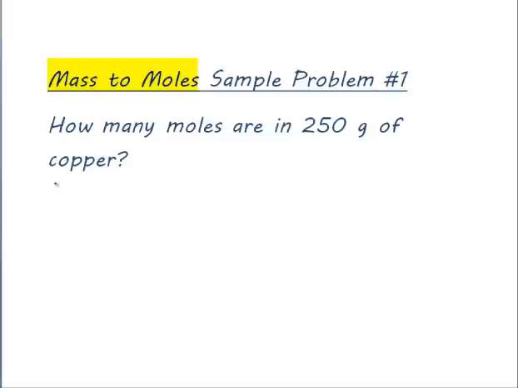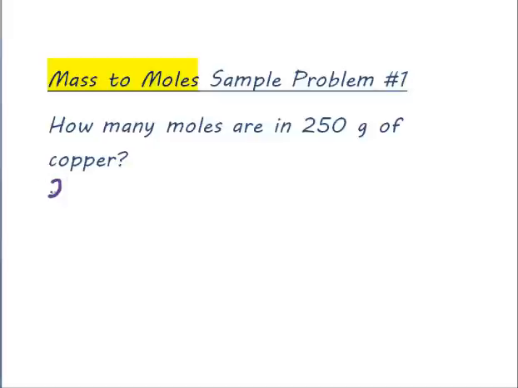In other words, if I had 6.02 times 10 to the 23rd copper atoms, what would be the mass? In other words, what I'm really asking is, what's the mass of a mole of copper? And by this time, most of you are quite comfortable in saying that a mole of copper has a mass of 63.5 grams. With that in mind, we can start the solution to our problem.